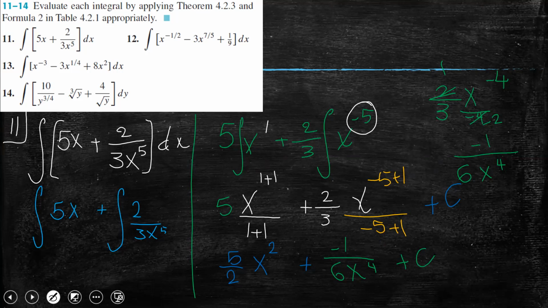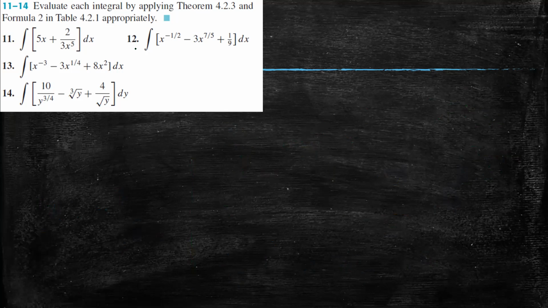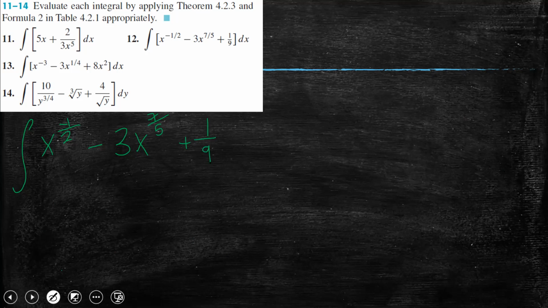Yes, teacher. Let's do now number 12. In number 12 here, we have the integration of x to the power -12 minus 3x to the power 7 over 5 plus 1 over 9 dx. So I will distribute now the integral sign.